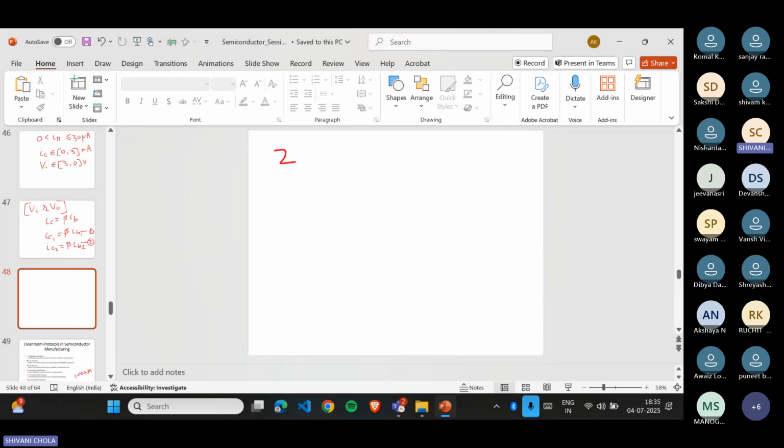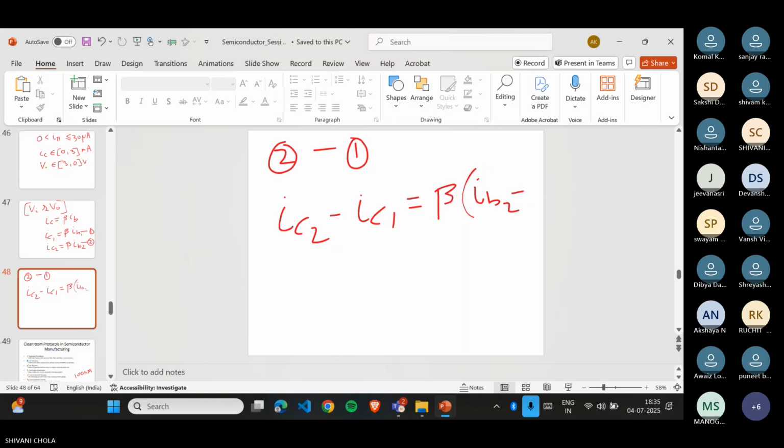So now equation 2 minus equation 1 will give you IC2 minus IC1 equals beta, I am just taking beta common, IB2 minus IB1, right? And I can also further write this as delta IC equals beta times delta IB.